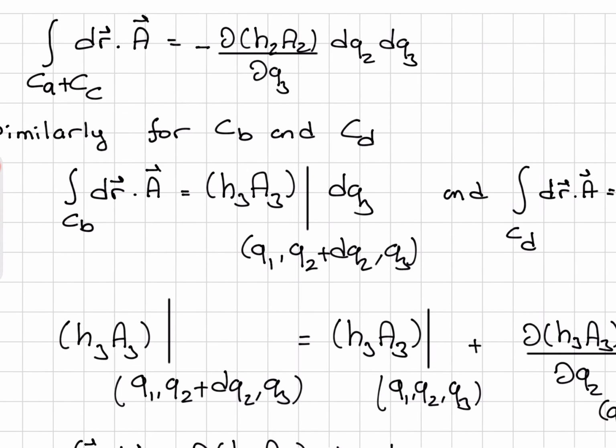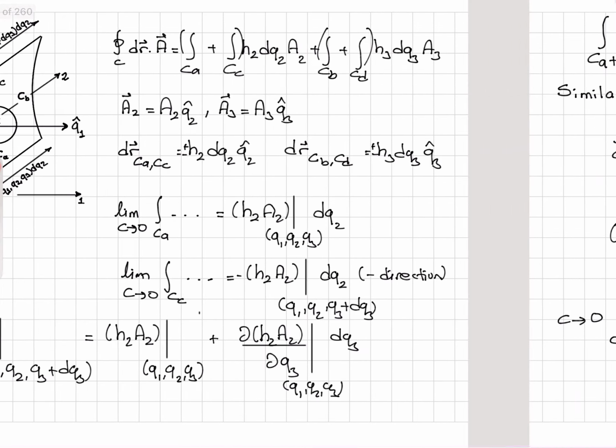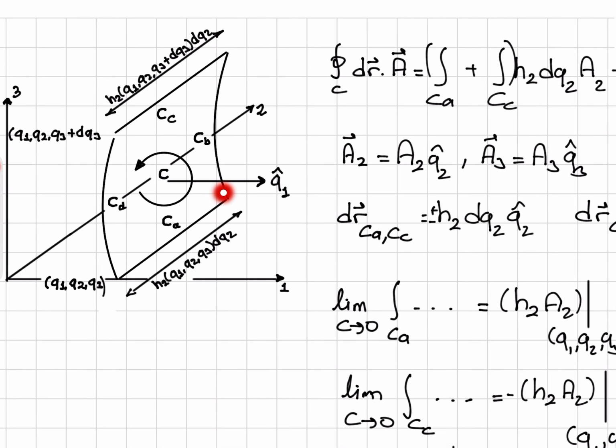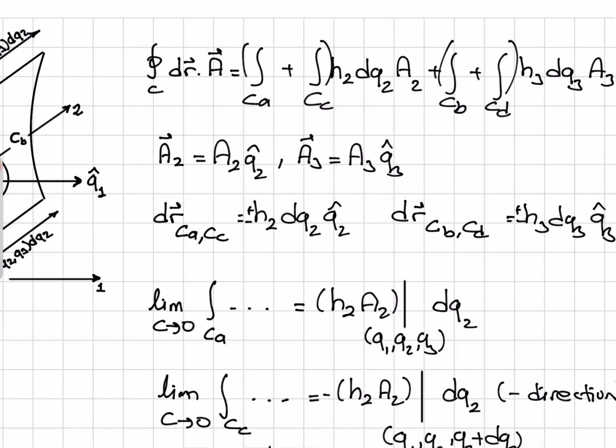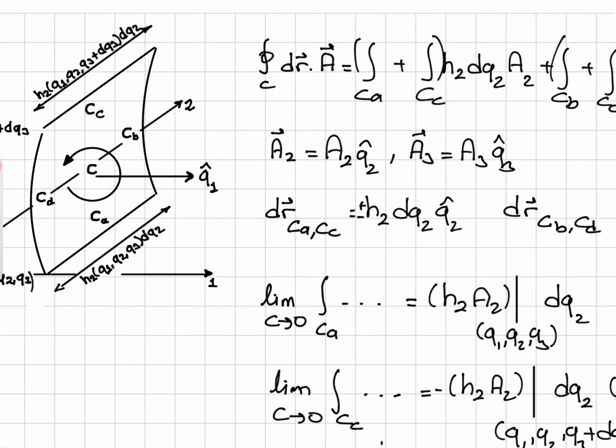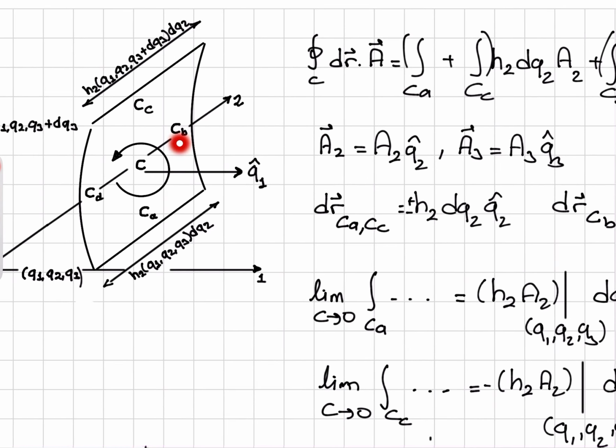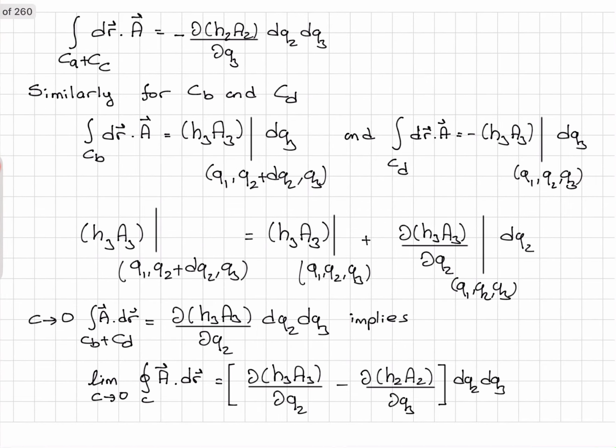Now, if I were to do it for the contours B and D, this time I would have h3 dq3 in q3 hat. If I'm moving along CB, it's plus. If I'm moving along CD, it's going to be minus.